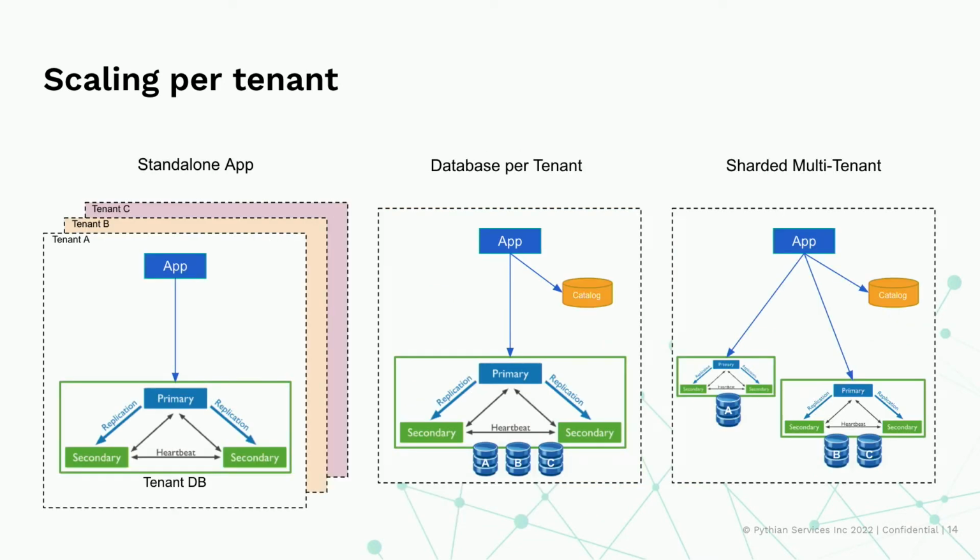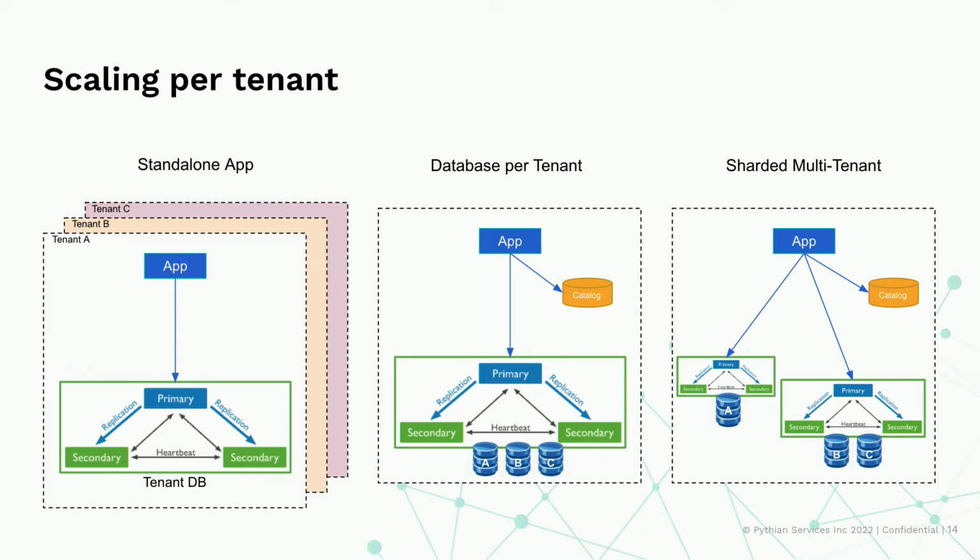So one of the options that you can do and will allow you scalability is basically if you can deploy a database per tenant. So instead of all the tenants using the same database, you can have multiple databases per tenant.